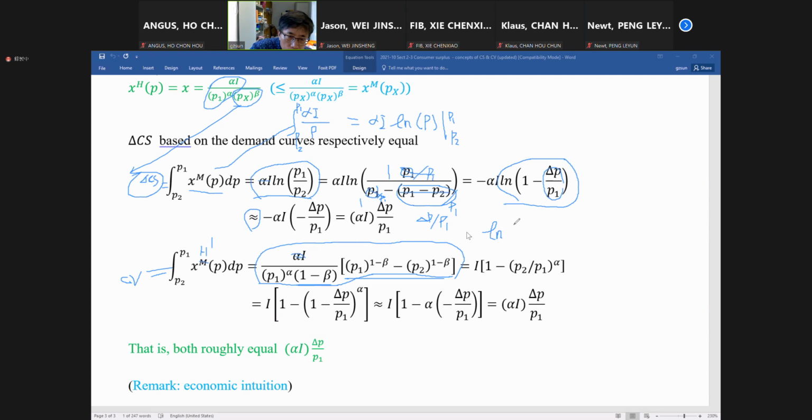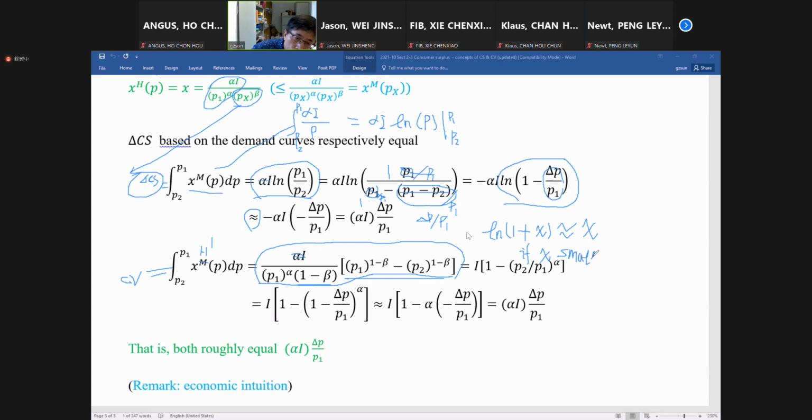Here you should refresh your knowledge of calculus a little bit. For very small x, x could be a positive number or a negative number, that doesn't matter.